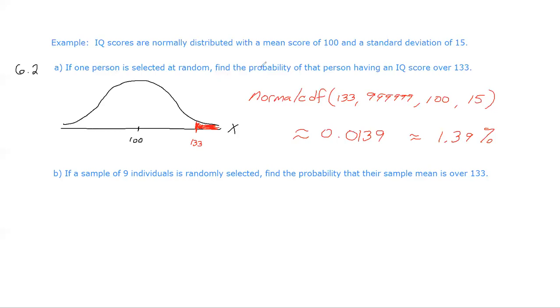We wanted to find the probability that that one score hit a certain region. Now, we're taking a sample of 9 people. And we want to find the probability that if I average all of their IQs together, that value is larger than 133.